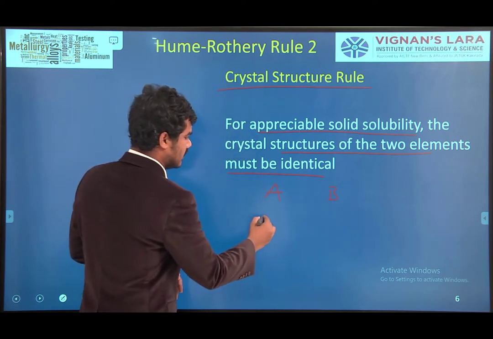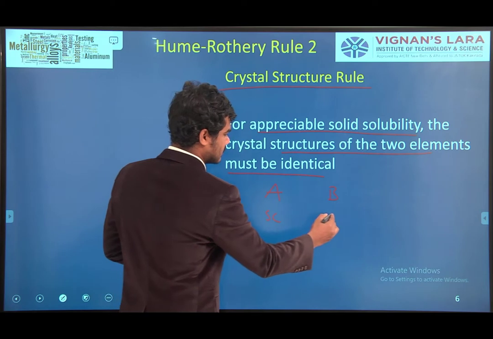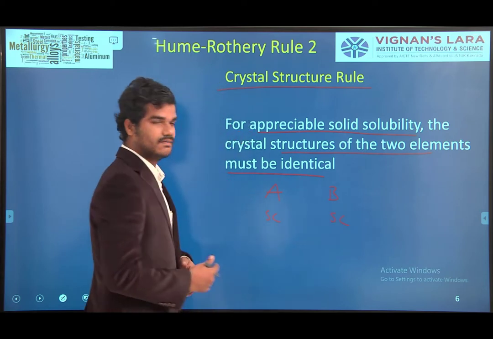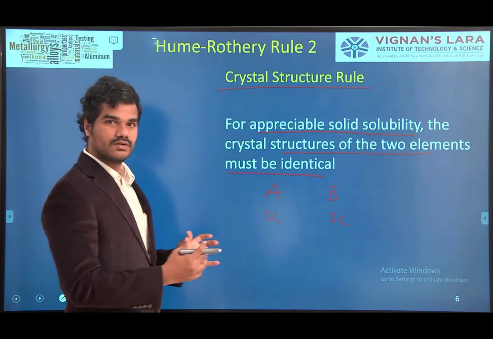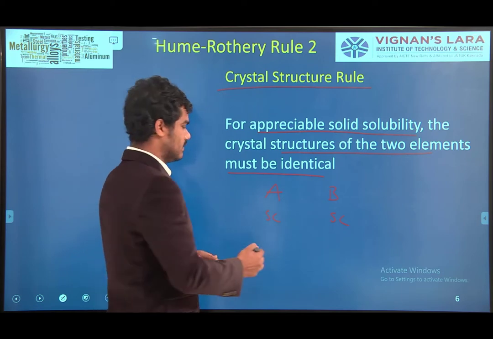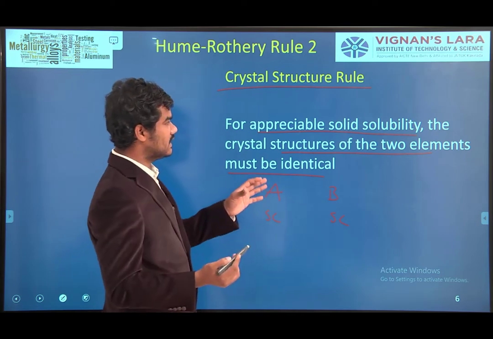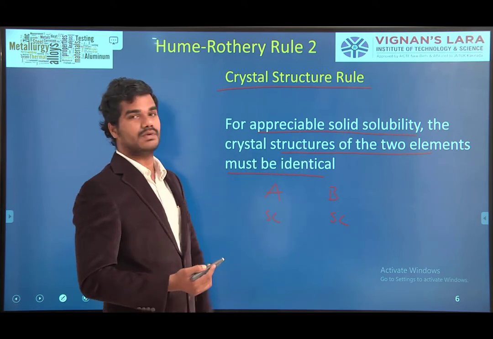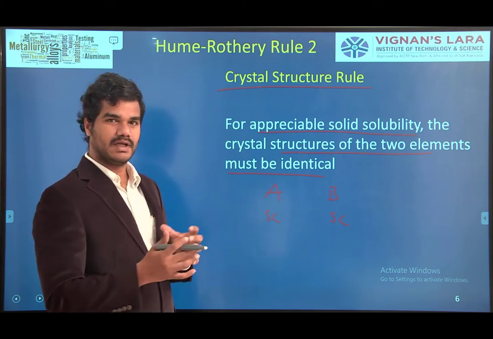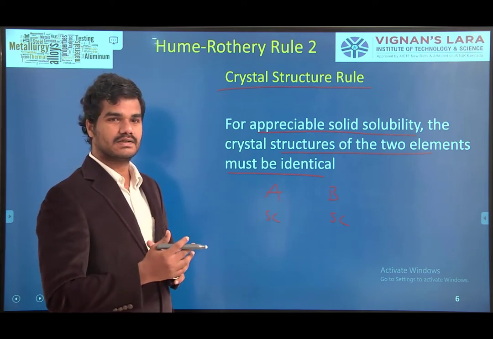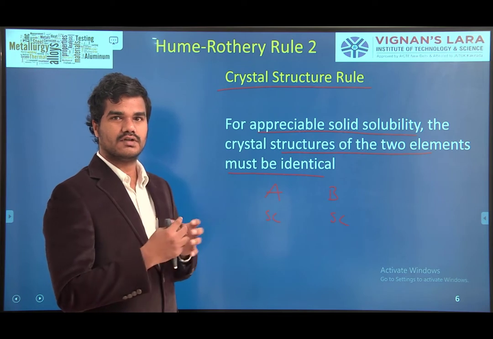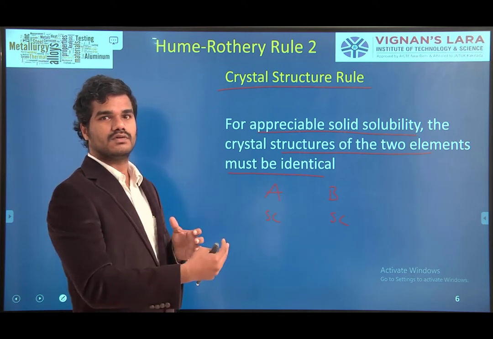When A material and B material are of the same crystal structure, let it be simple cubic structure, then you can combine, and only then it has appreciable solid solubility.